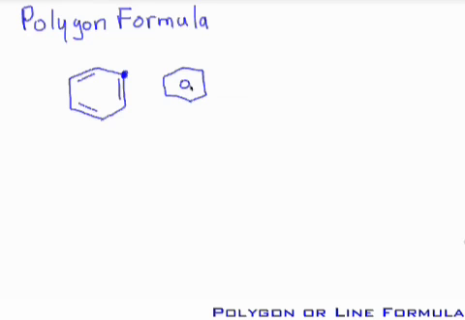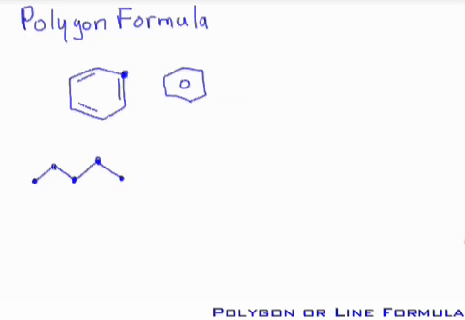Let's look at some other polygon formulas. For example, what if I draw something like this? What does that mean? The end of each line is a carbon. Every one of these dots, each vertex in the line, and each end of the line is a carbon.